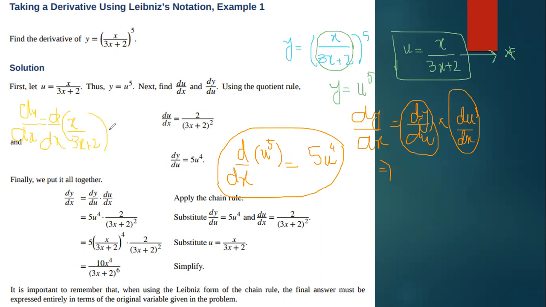This will be solved by using quotient rule. It will be that taking the derivative square of 3x plus 2 whole square. So this will be as it is, that is 3x plus 2.